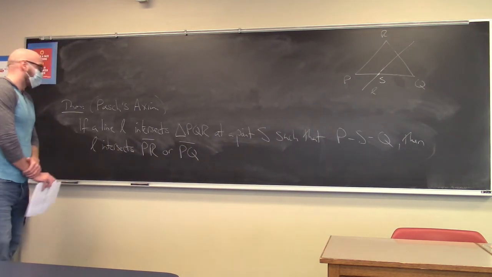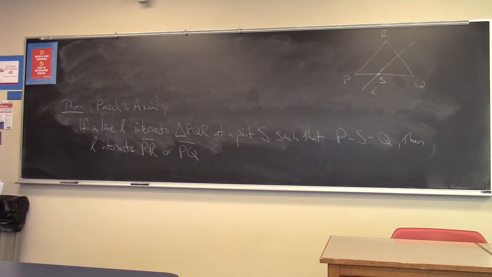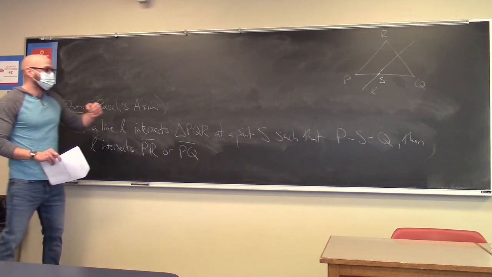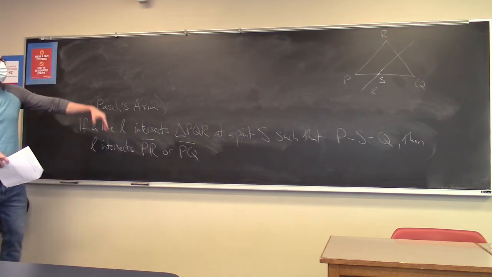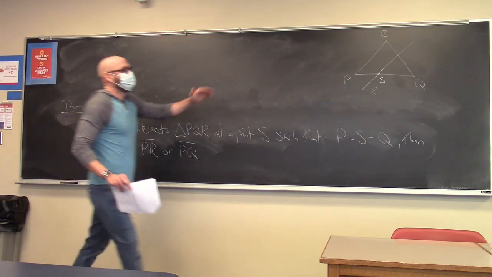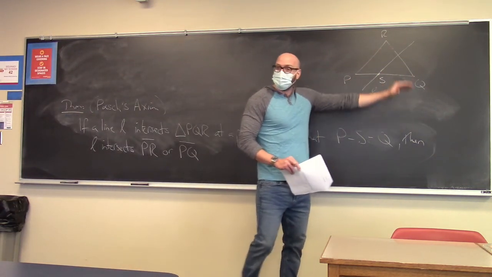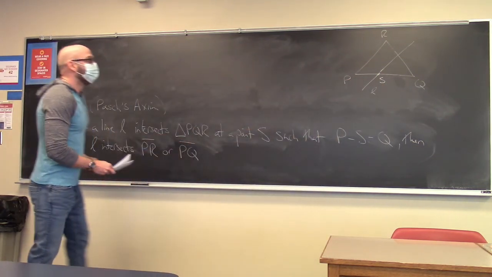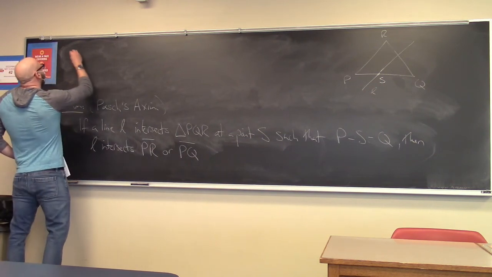And I believe Hilbert, in his axiomatic set for Euclidean geometry, goes with this statement directly. SMSG doesn't. They use an equivalent statement, so we'll use the equivalent statement to prove this. They use the plane separation axiom that says that lines cut the plane into two different halves. So it turns out this statement is equivalent to the plane separation axiom, and we'll write a proof.